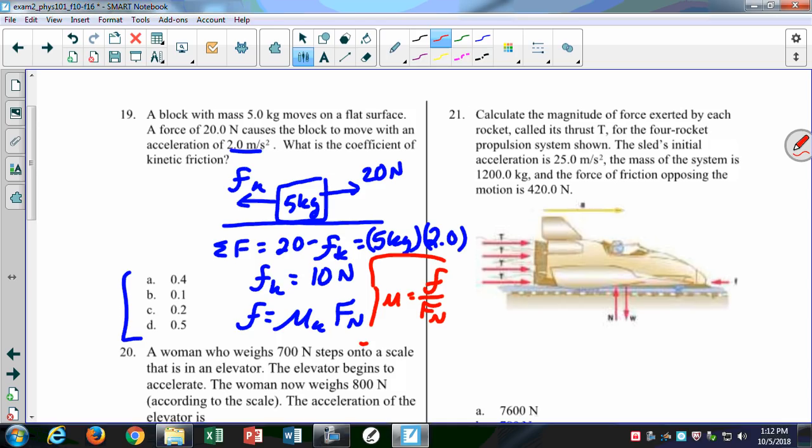And I don't know Fn, but it's just a block on a flat surface with no vertical forces, so I know that Fn is the weight. It's equal to 5 times 10, or 50. So Fn is 50, so it's going to be 10 over 50, which is equal to 0.2.